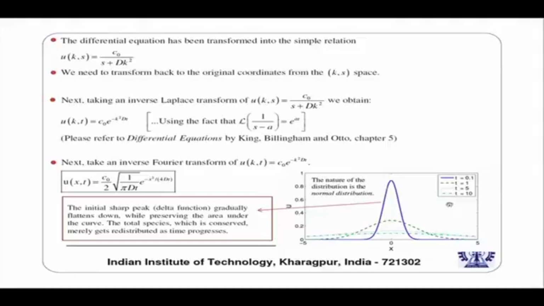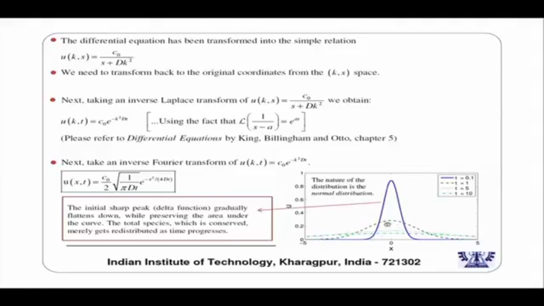So you can see that the initial sharp peak which was at t equal to 0 gradually flattens down. This blue line is not at t equal to 0, it is t greater than 0 but slightly greater than 0, so that it has almost preserved the shape of a delta function, but after that you will see that it will be flattened.